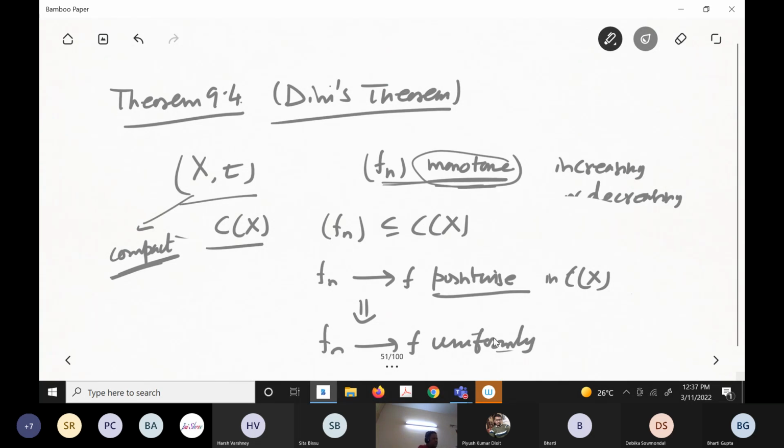He proved it for increasing; for decreasing you can have the same proof, or you can go for minus Fn. So the pointwise converging, but he is taking compact, he's taking monotone, and then the limit will converge uniformly. It is not only pointwise convergence of a sequence of functions. He is having two hypotheses, compact and a particular class of function.